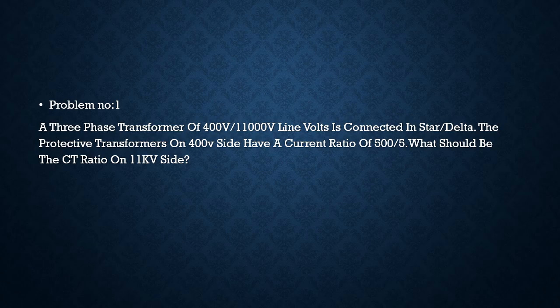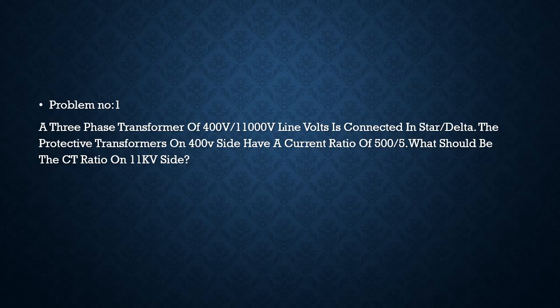Okay. The given transformer is a star delta transformer, therefore the CTs on both sides of the transformer should be in delta star. The CT should be in delta on the star side, and the CT should be in star on the delta side. Also given in the problem, the protective transformers, which are nothing but the current transformers on the 400 volt side, have a current ratio of 500 by 5.